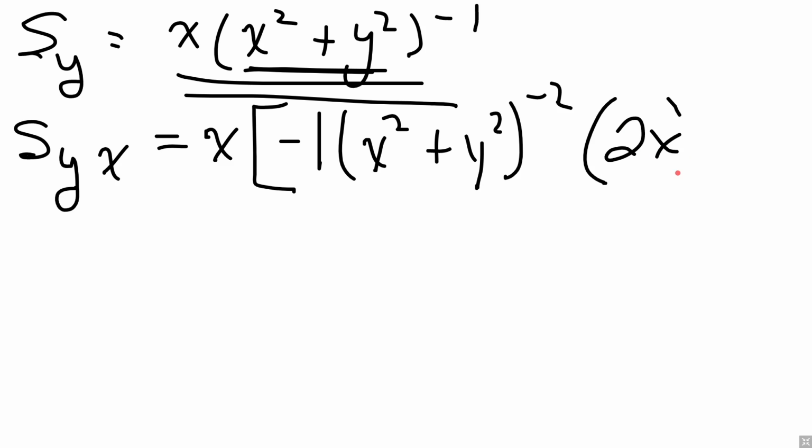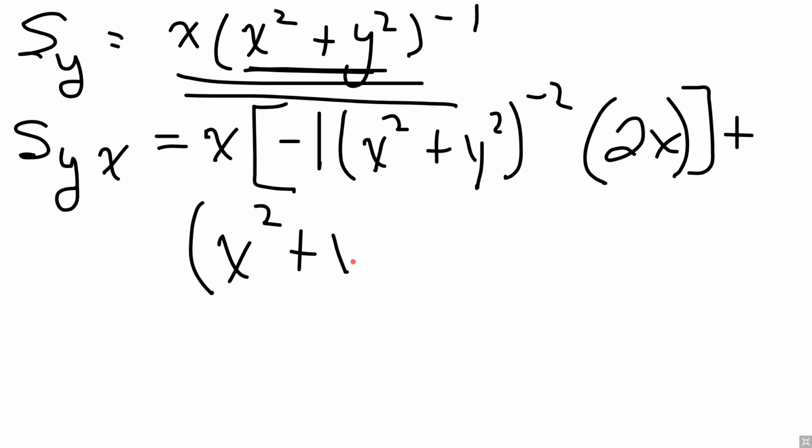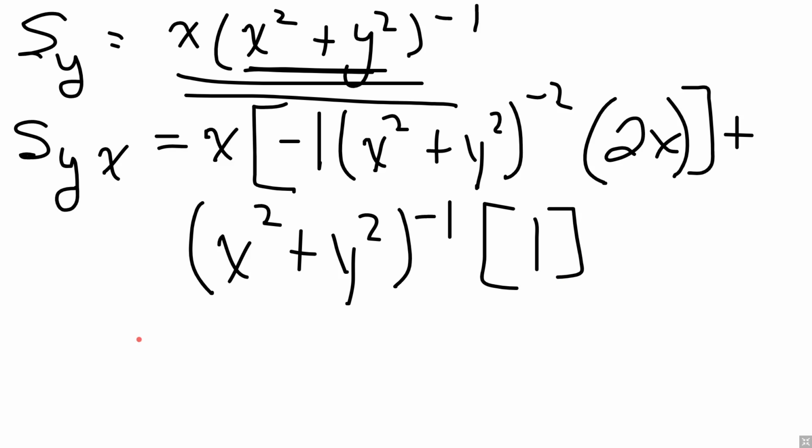Okay. And then we're going to do plus the second times the derivative of the first. So if I take the derivative of x with respect to x, that's going to be what? 1. Okay.